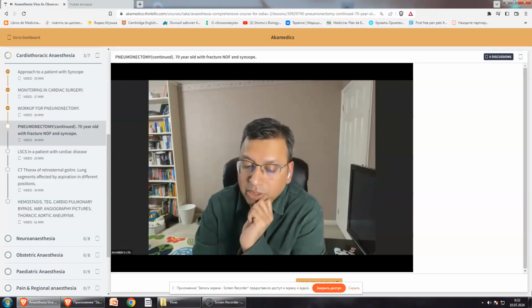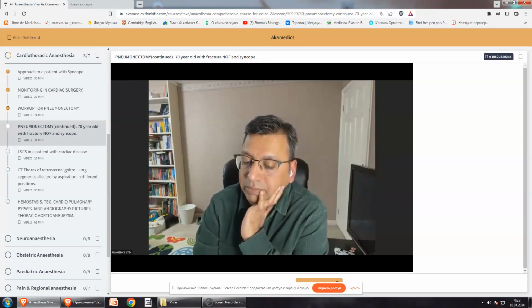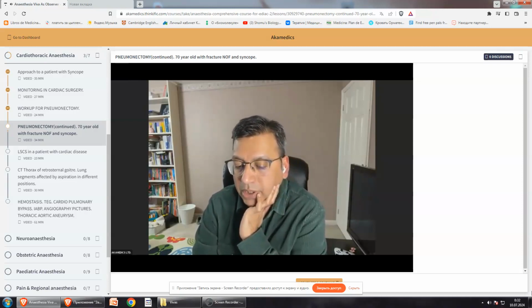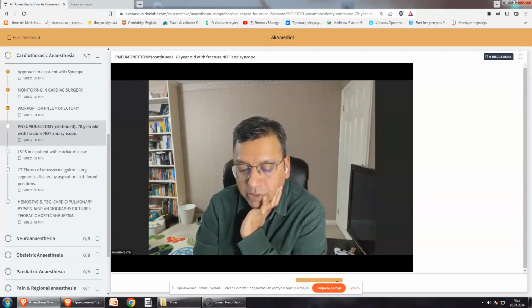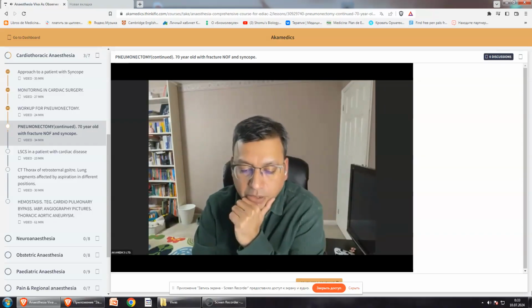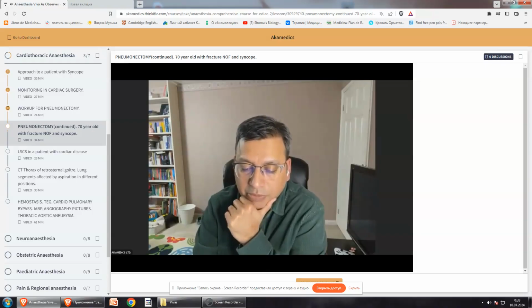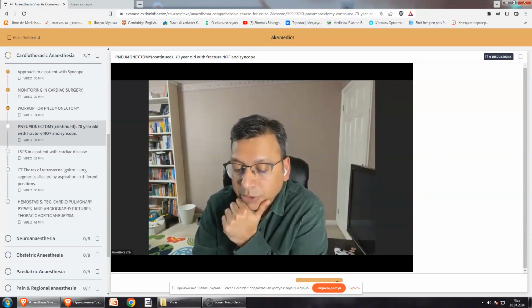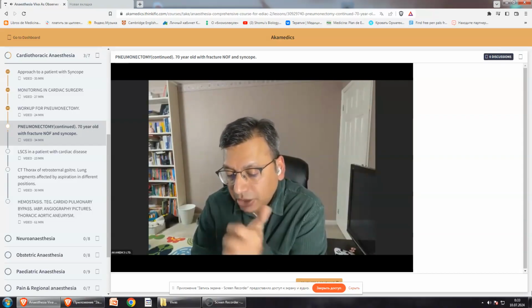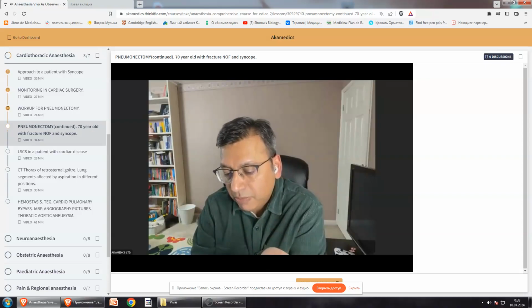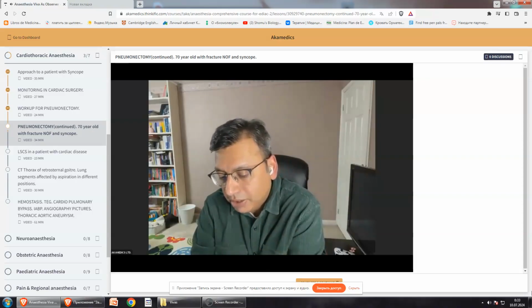So you have to work out the predicted post-operative FEV1. You work out the percentage of the pre-operative FEV1, and then you multiply it by the percentage of tissue removed.